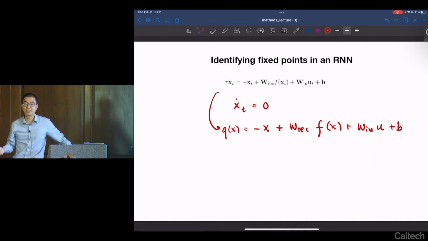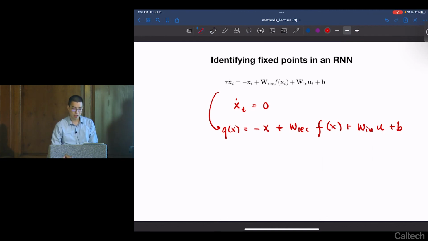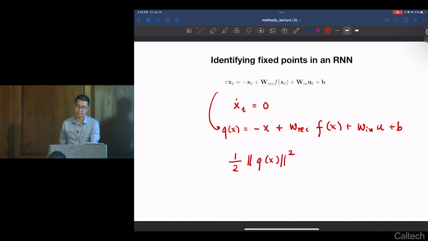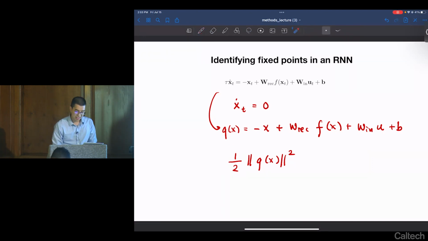All right. The way that we do that is we just formulate this as an optimization problem. So what we're going to do is write down a term, 1/2 norm of q of x squared. And because I've now squared it, we know that this value achieves a minimum of 0 when we are at a fixed point, when this expression is equal to 0.